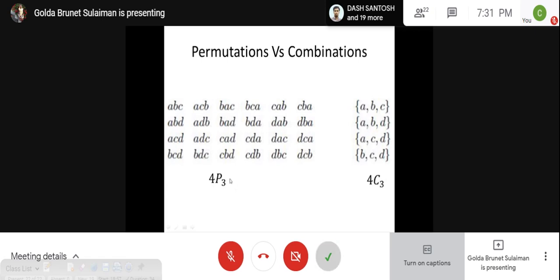So it is 4 factorial, which is 24. And here the combination is 4 factorial divided by (4 minus 3) factorial into 3 factorial. So you have 4 factorial divided by 3 factorial, which will give you the answer 4.